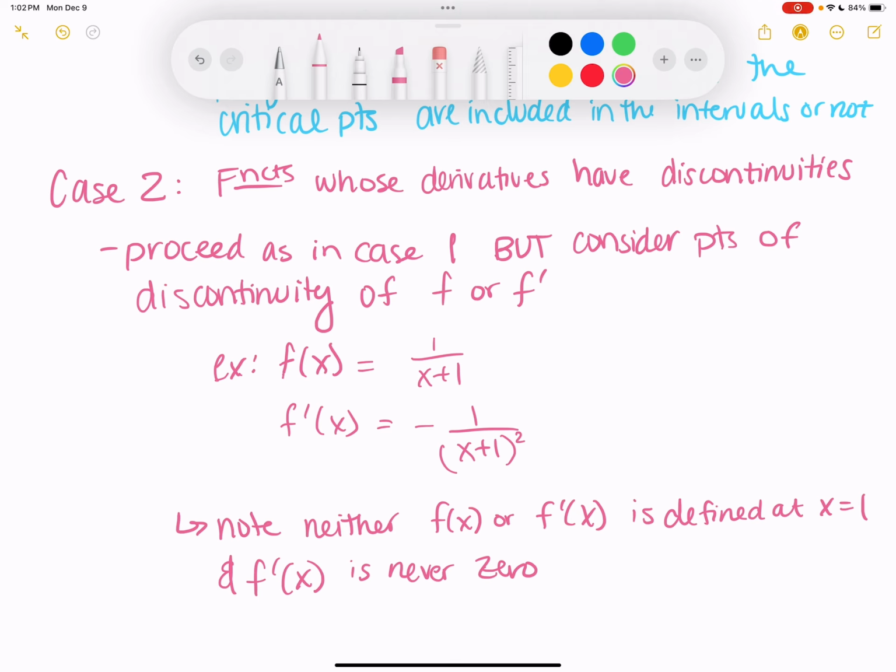It says neither of them are defined at x equals negative 1, meaning both of them are not defined. I just didn't write the negative.